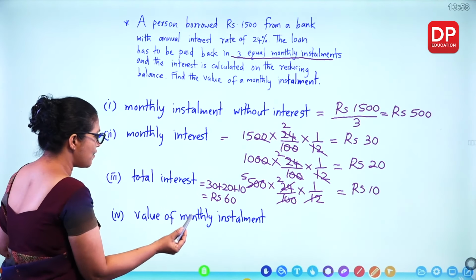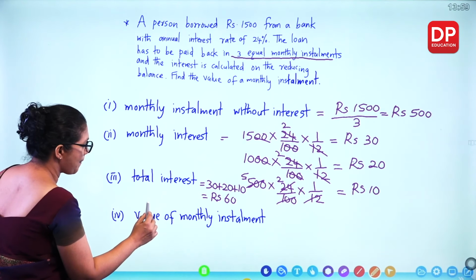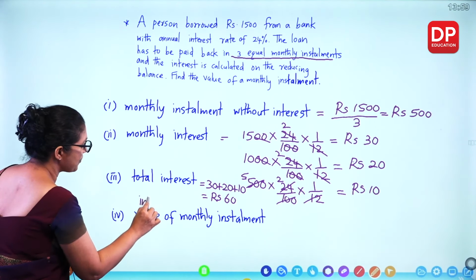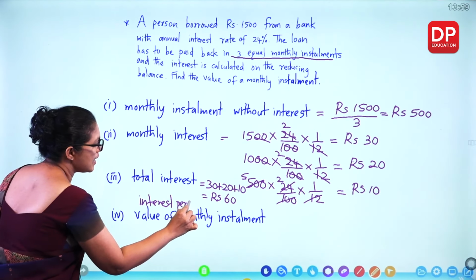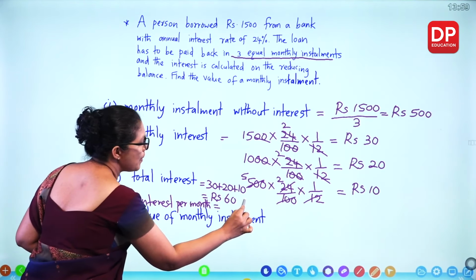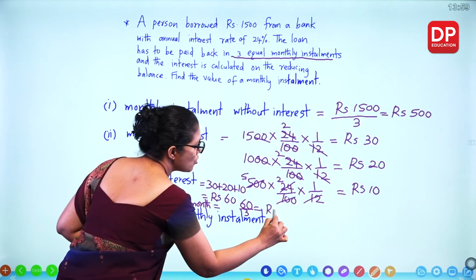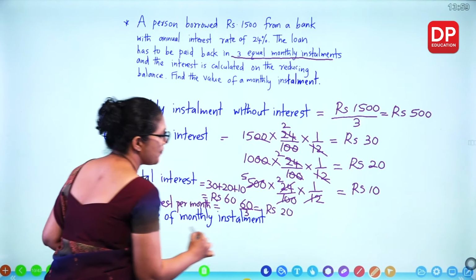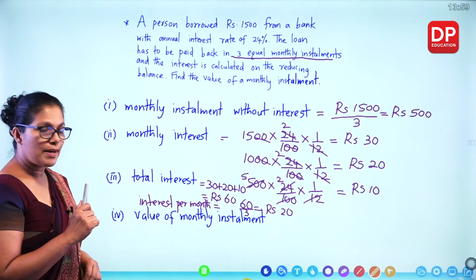So here first we'll calculate interest per month. Altogether we need to pay 60 rupees for 3 months, so 20 rupees each. Then how do we calculate the value of the monthly installment?